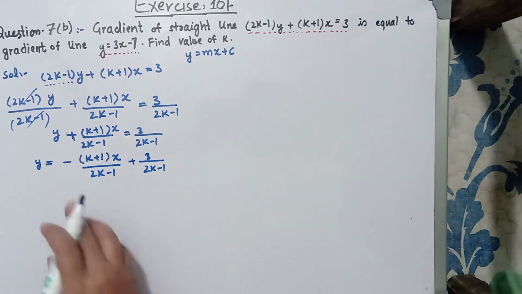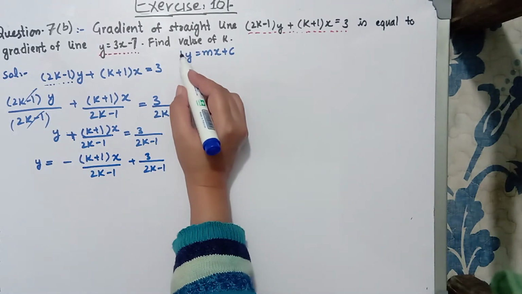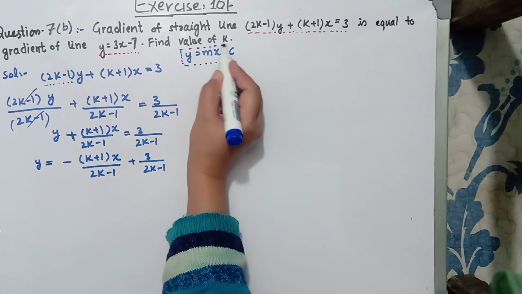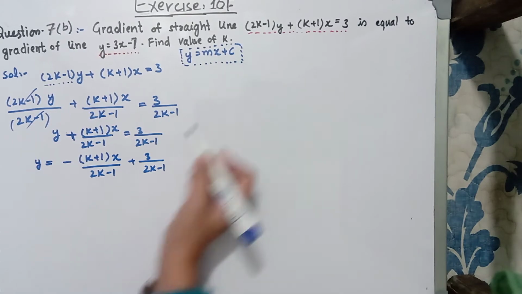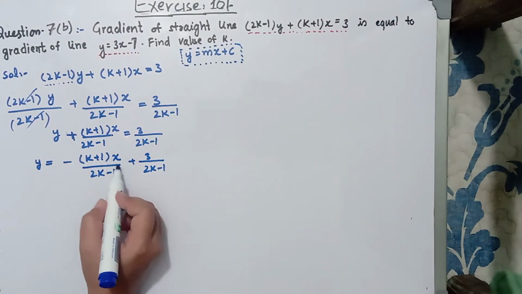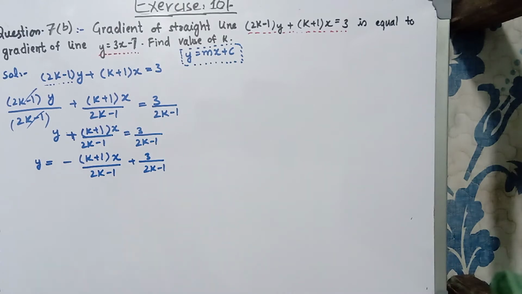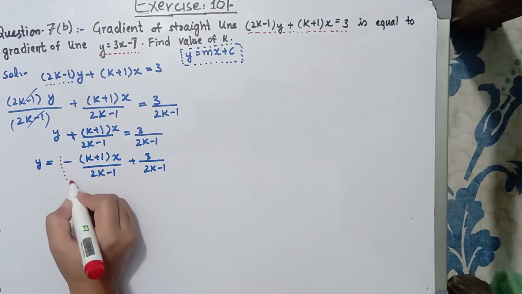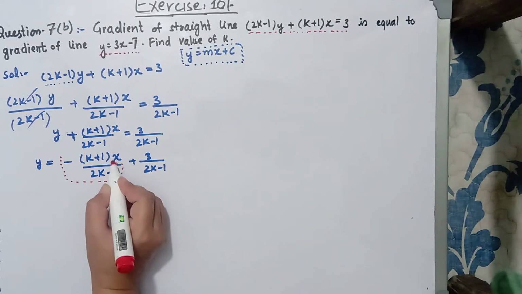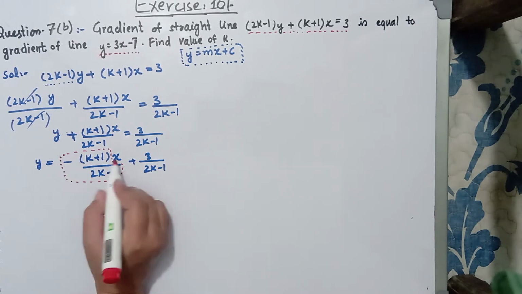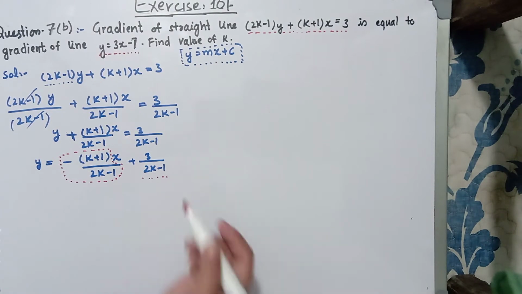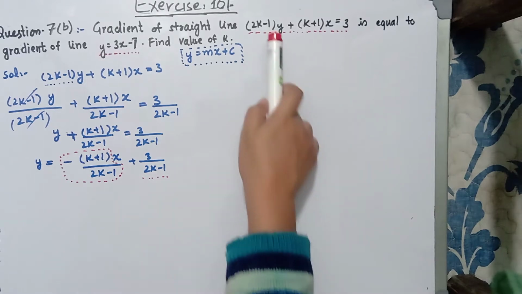Now look at the equation, the general equation of line, which is this one. Now I have a similar form to this equation. I have the gradient m here, this value, which is being multiplied by x, plus this is c in this equation.